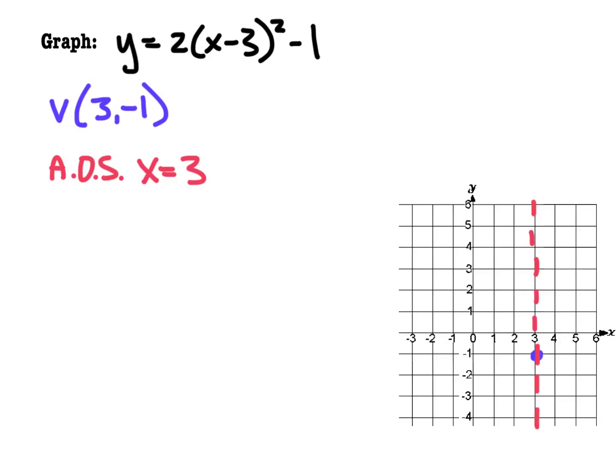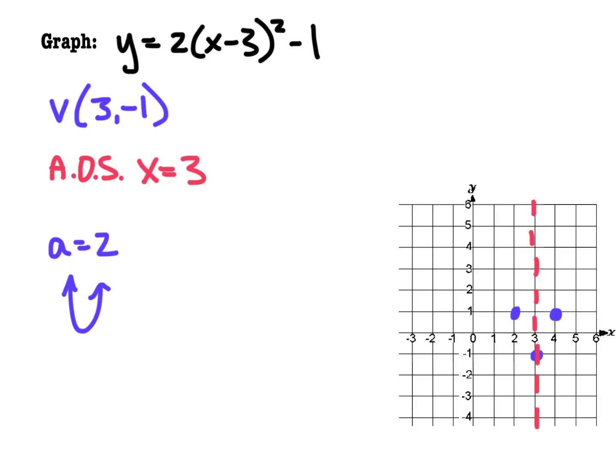And then finally, I just use the fact that a equals 2. So that's the stretch of this function. Since it's positive, I know it opens up. And each y will be stretched by a factor of 2. So instead of going over 1 up 1, I'll go over 1 up 2 on each side. And then I could go over 2.